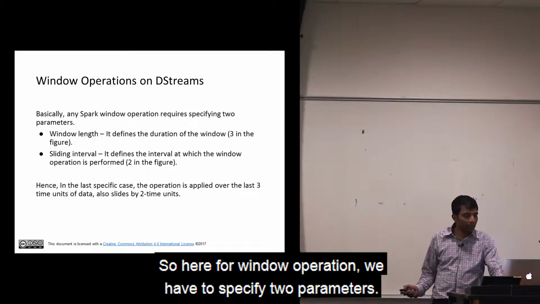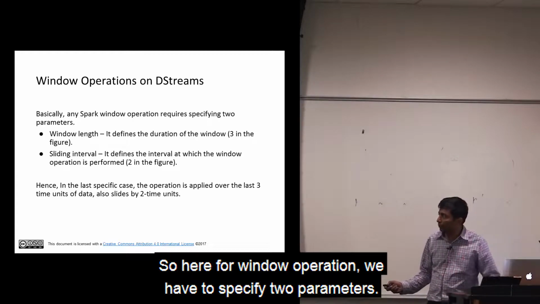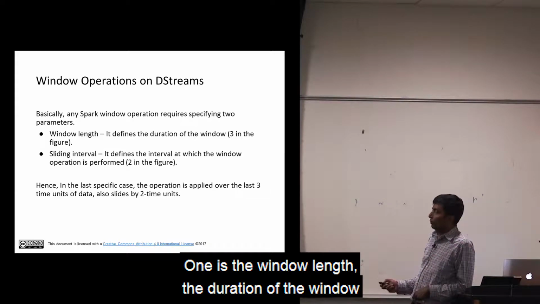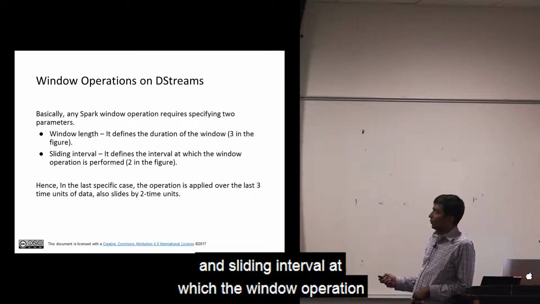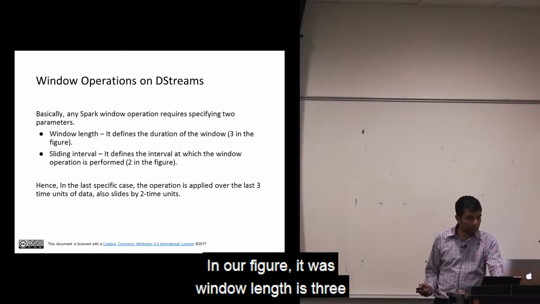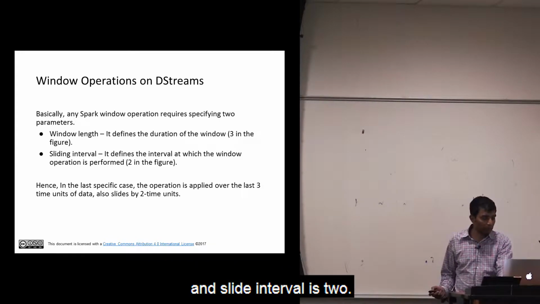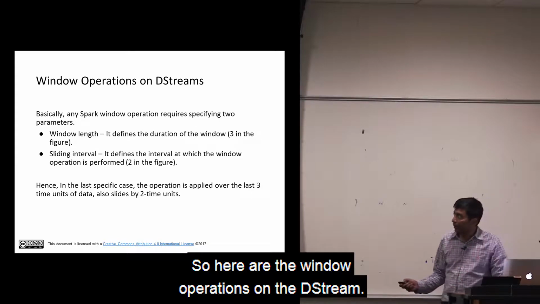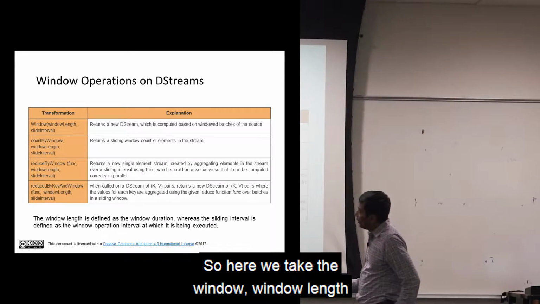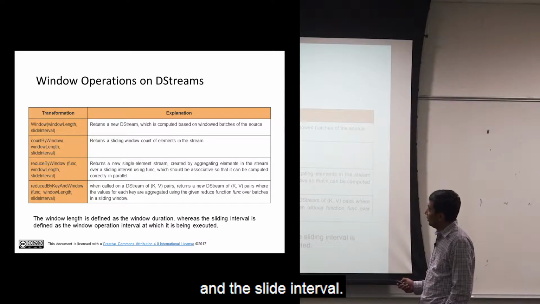So for window operations, we have to specify 2 parameters. One is the window length, the duration of the window, and the other is the sliding interval, the interval at which the window operation is performed. In our figure, the window length was 3 and the sliding interval was 2. So here are the window operations on the DStream. We take the window length and the slide interval.